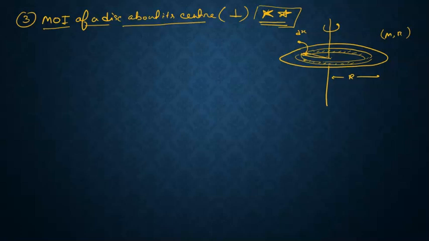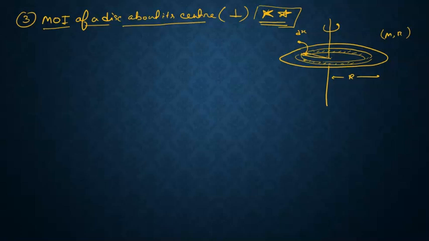So let's proceed in the same way. The first step is finding the element. So in this case we are taking the element of a ring, and we will integrate the ring from the distance 0 to r.